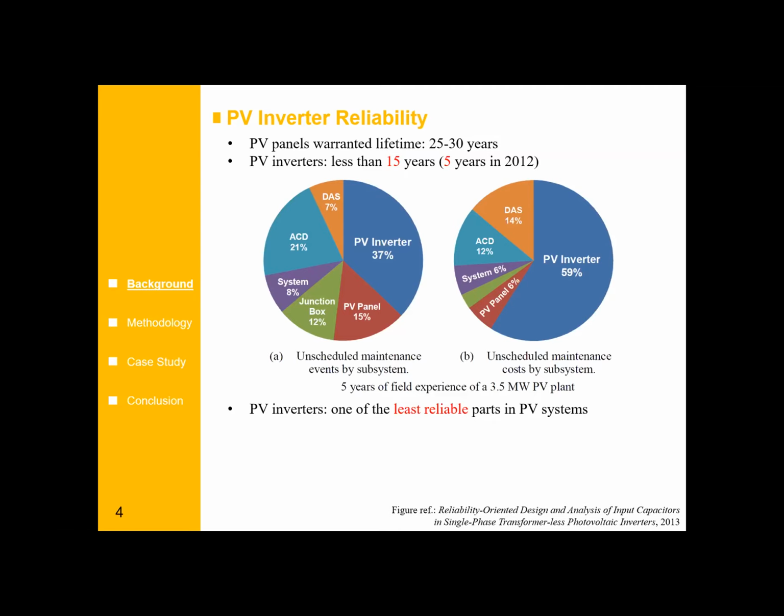The figure below is from 5 years of field experience of a PV plant. We can see that the PV inverter takes the largest percentage among all the other components regarding both unscheduled maintenance events as well as unscheduled maintenance cost. Thus, the PV inverter is one of the most unreliable parts in a PV system.